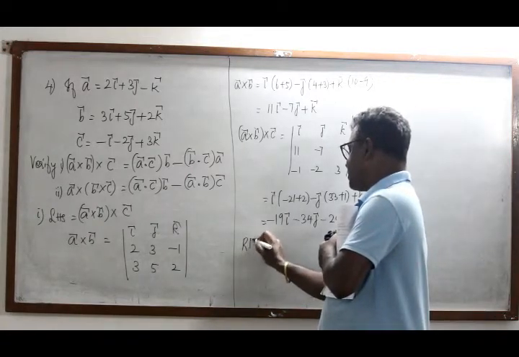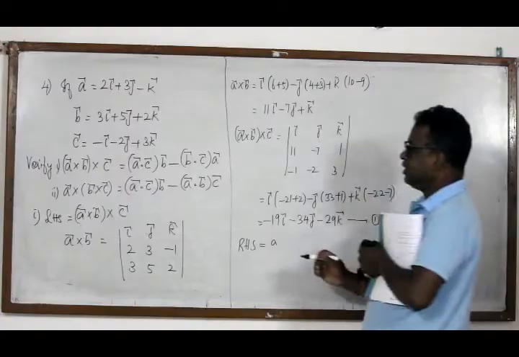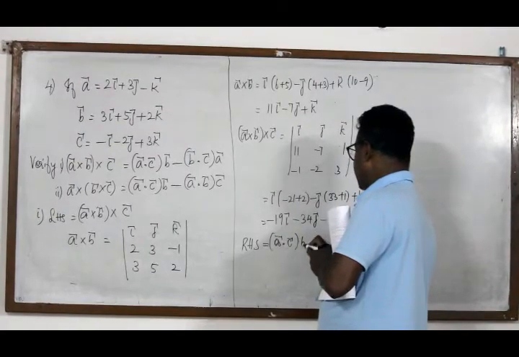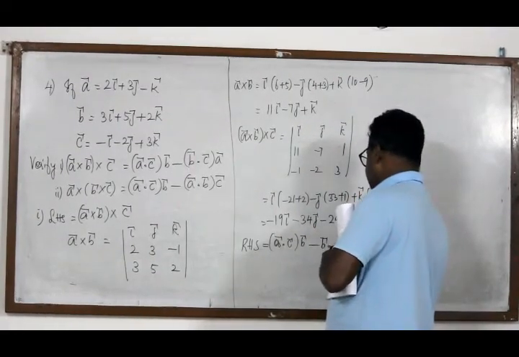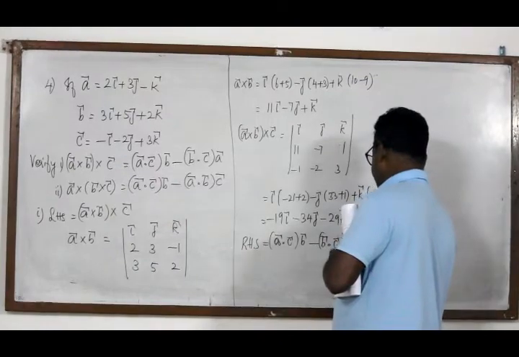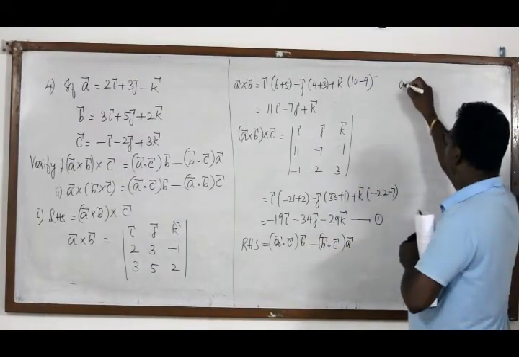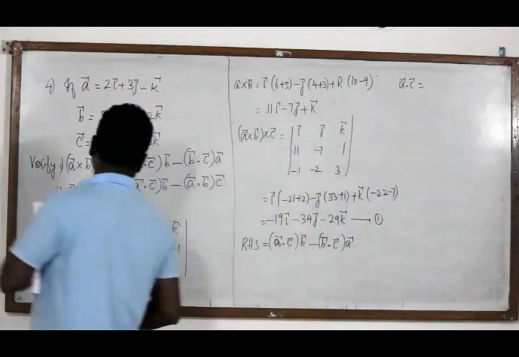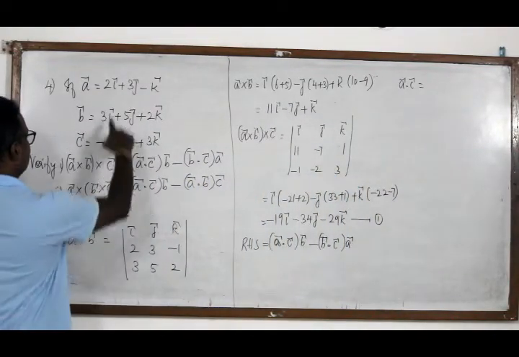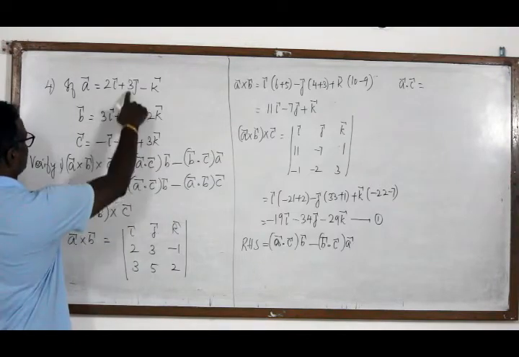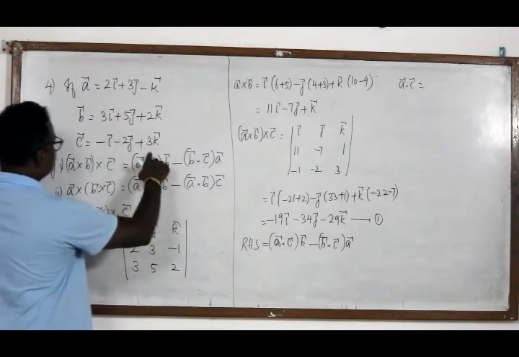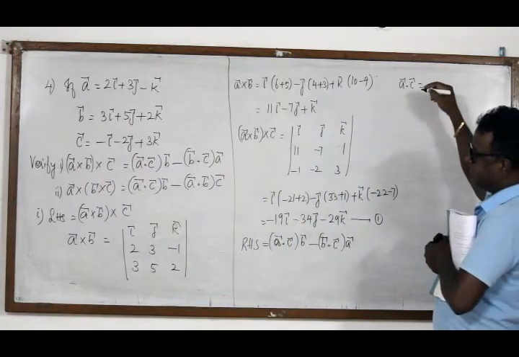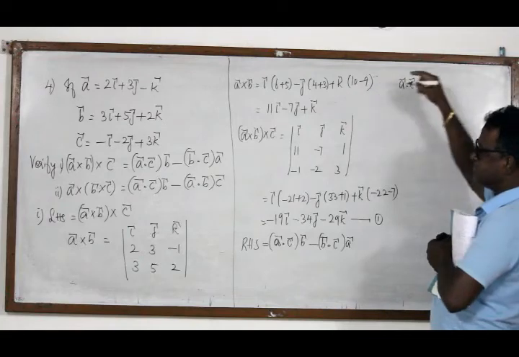Now RHS is A dot C into B minus B dot C into A. First let me find A dot C. Shall we do it straightly? Dot product means i into i, j into j, k into k only. A and C, only the coefficients of i, coefficient j and coefficient k I must multiply.